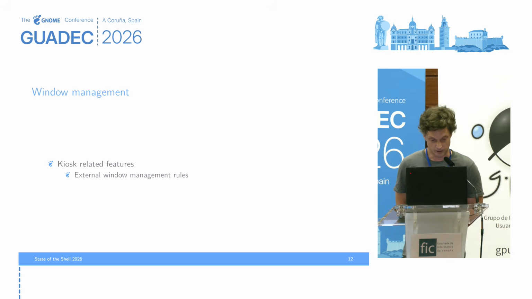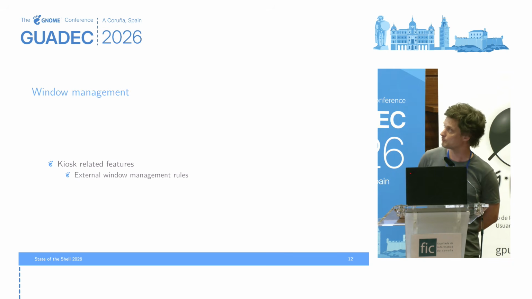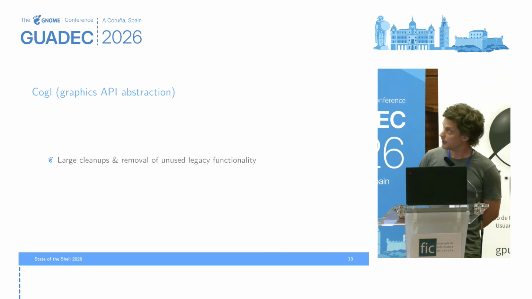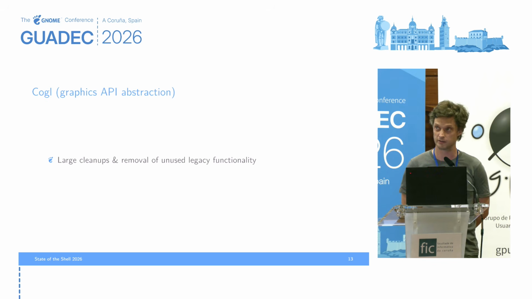One of these things is external window management rules, which simply lets GNOME Kiosk and potentially an extension override any kind of rules that Mutter itself implements.